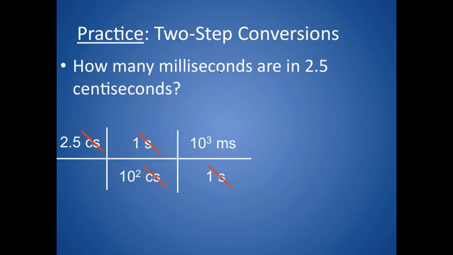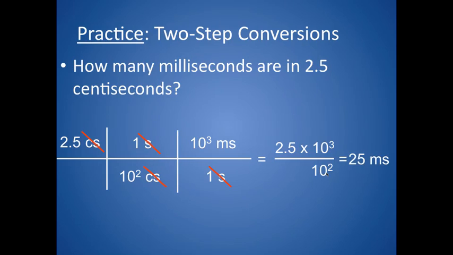That's what we're trying to get to. So you have 2.5 times 10 to the third on top, and what is in the bottom is 10 to the second. So it's 2.5, and then 10 to the third divided by 10 to the second is just 10 to the 1. So 2.5 times 10 is going to be 25 milliseconds.